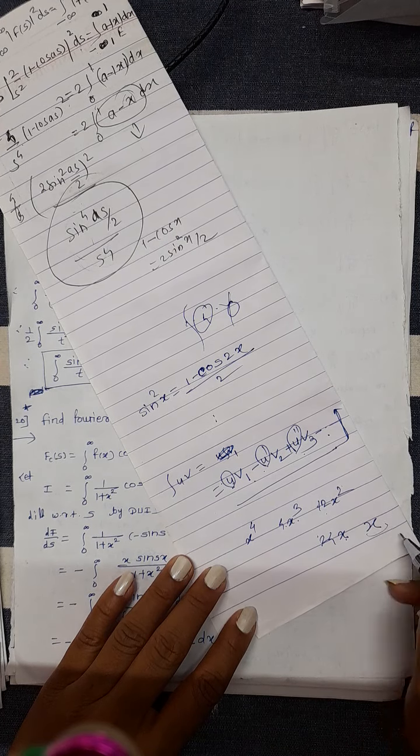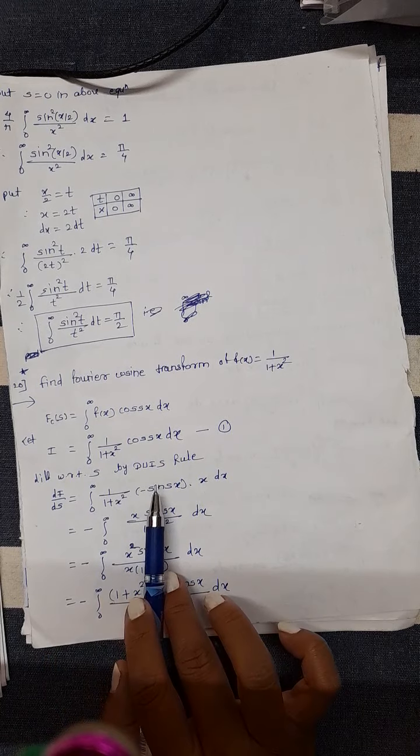That's why we are going to use the DUIS rule, which we have already studied in the earlier examples. What is the DUIS rule? Differentiation under the integral sign. We have to take the derivative on both sides with respect to the variable which is present in this integration apart from x, that is s. So take the derivative on both sides with respect to s.